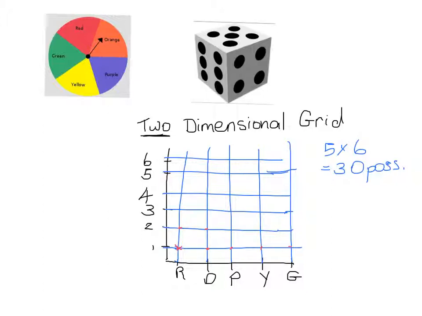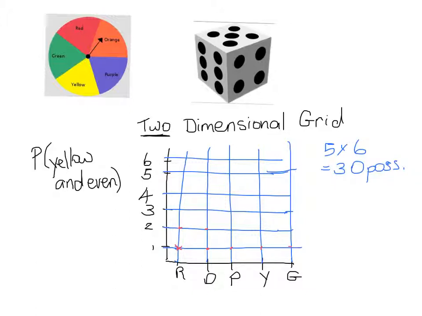Now, how does that help us with probability? Well, let's look at a couple of examples. I am going to ask you for the probability of getting a yellow and an even number. So how can we do this?